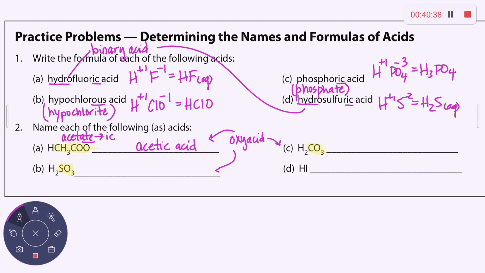Okay, for B, SO3 is sulfite. Ites become ous. You would not name this sulfous because sulfurous sounds better. So this is sulfurous acid.